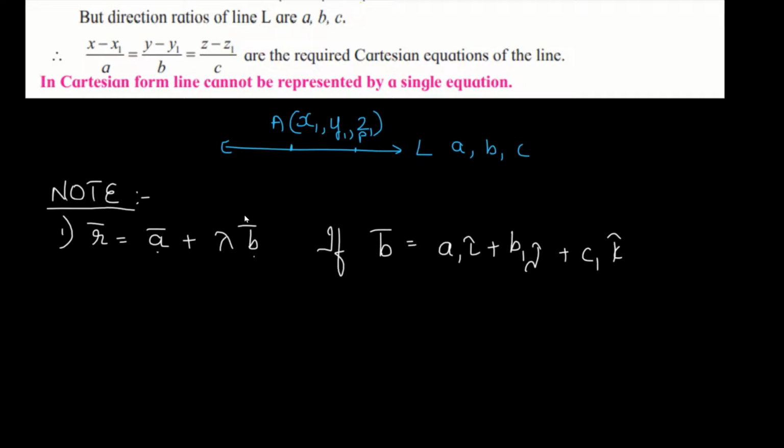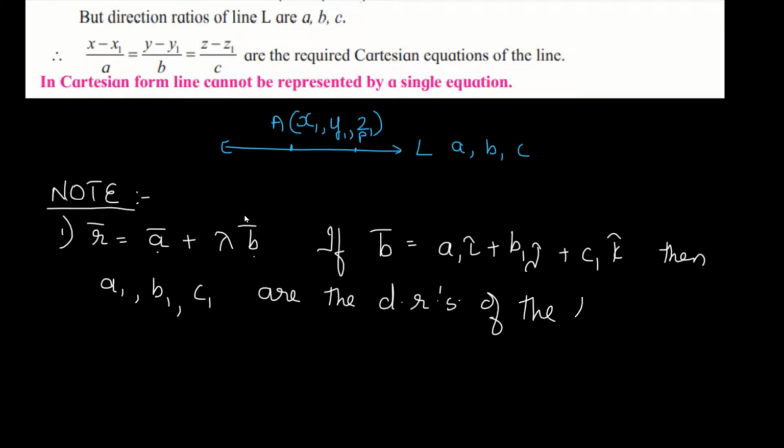If b bar is given as this particular vector, with these components, then we can say that a1, b1 and c1 are the direction ratios of the line.